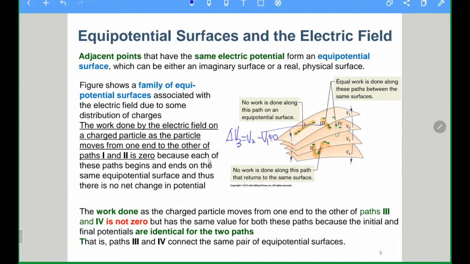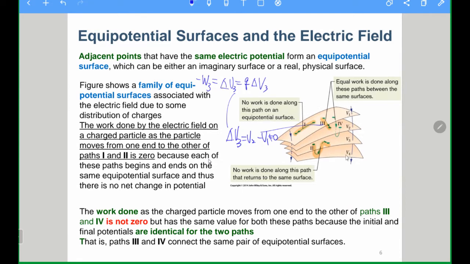So here we know delta U equals Q times delta V. As delta V is not 0, delta U is not 0 either, and so the work done is not 0 either.